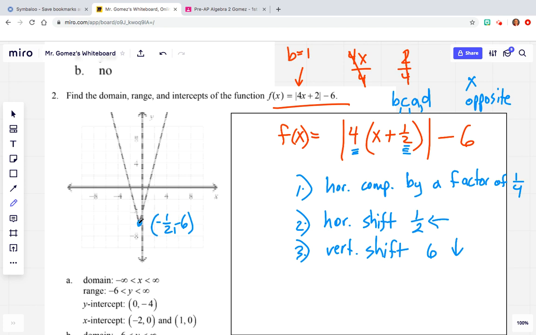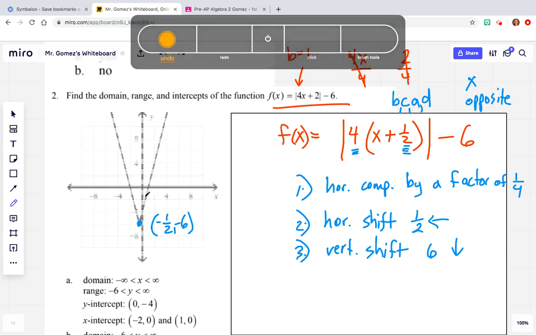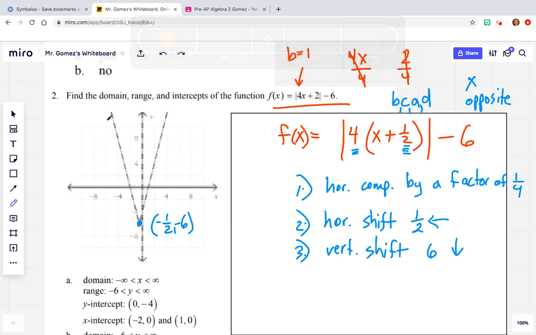Yes, the graph does go up and to the right and up to the left. If we wanted to see what the slope is here, let me show you. This slope can be calculated by looking at this b term of 4, because it's a horizontal compression by a factor of 1/4.